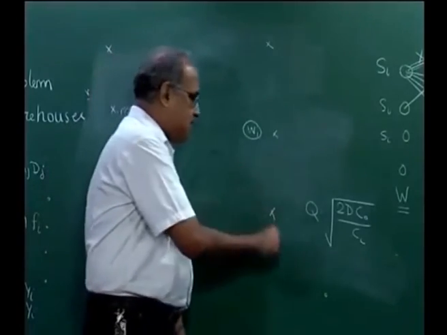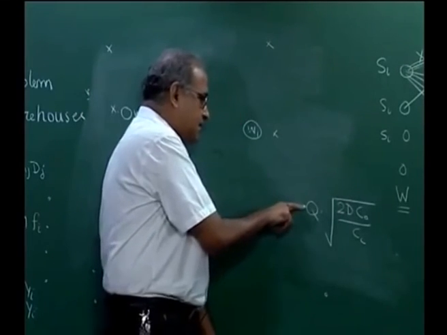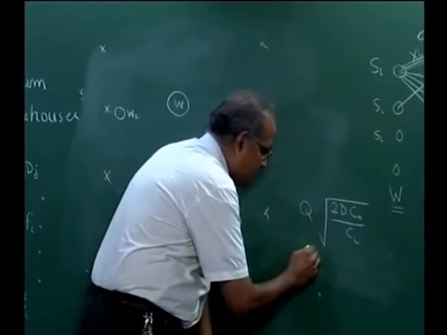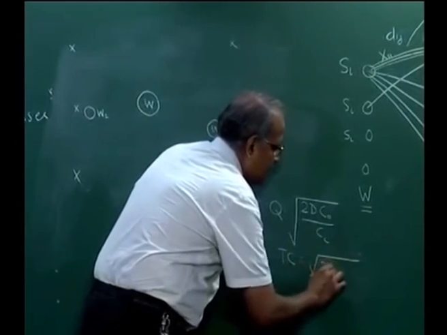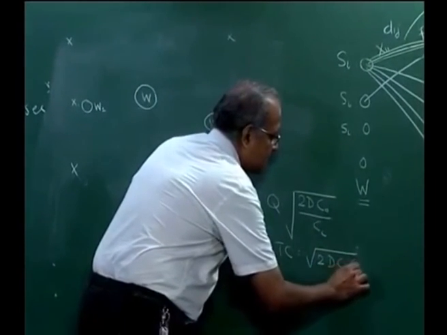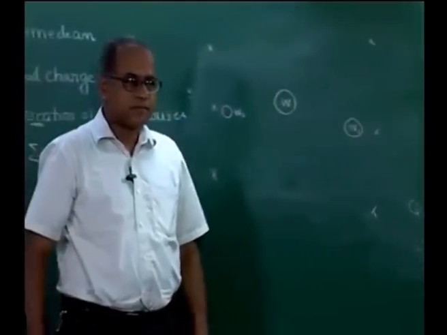So for each of them, this will be for a single item, this will be the economic order quantity, and the total cost at the economic order quantity will be root over 2 D C naught Cc.